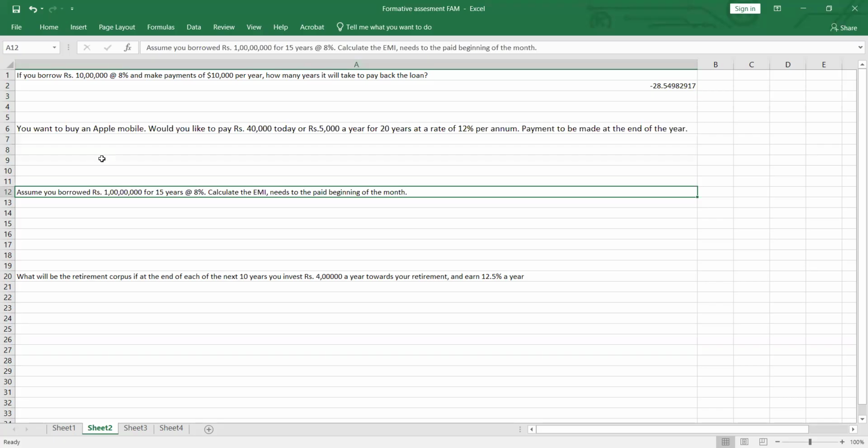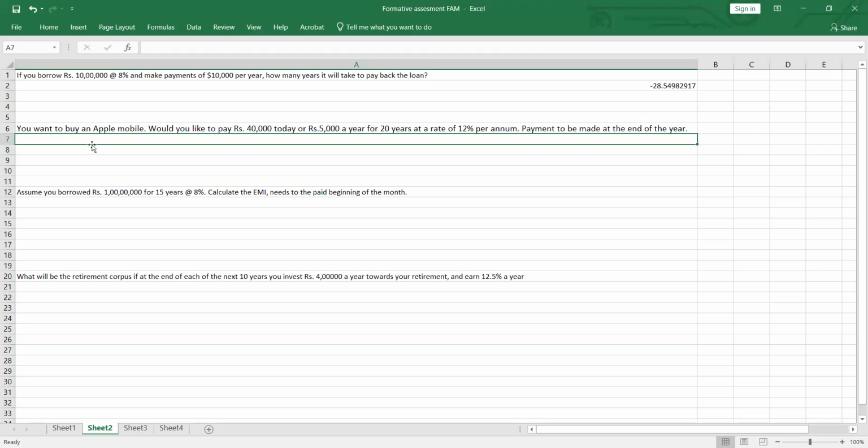We use the PV value because 5,000 is the future value over the next 20 years. So 5,000 for 20 years, how much is it in present value? We differentiate and decide what is beneficial for us: pay now or the EMI.